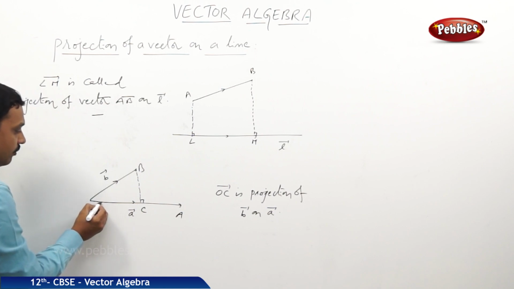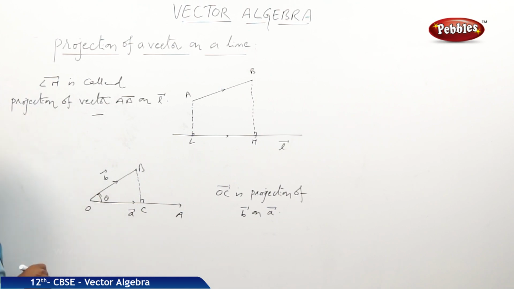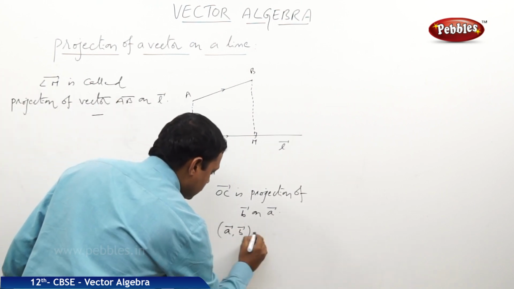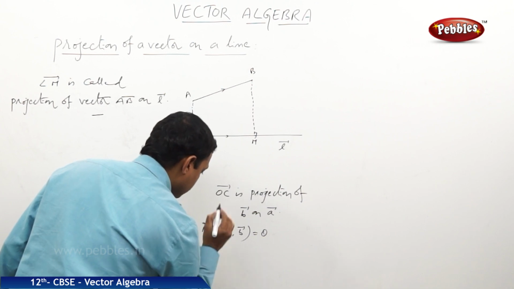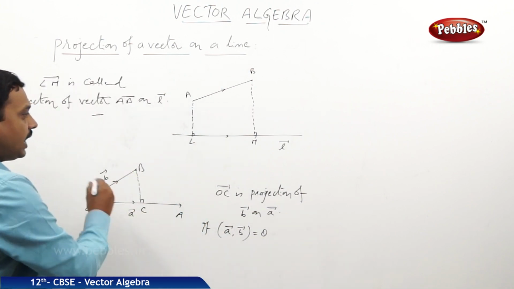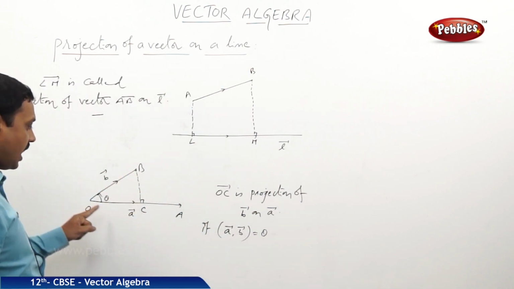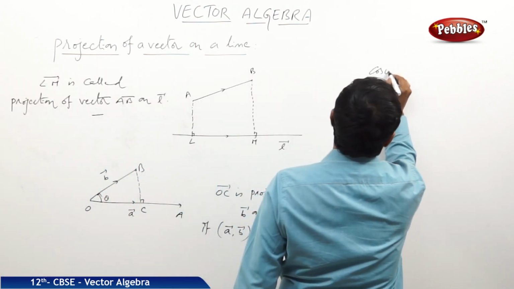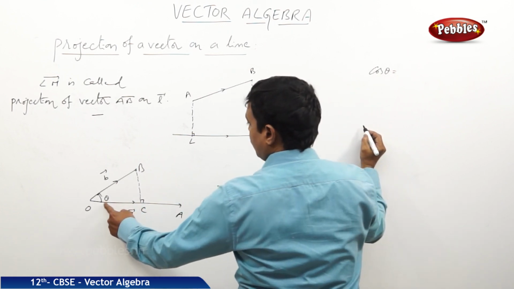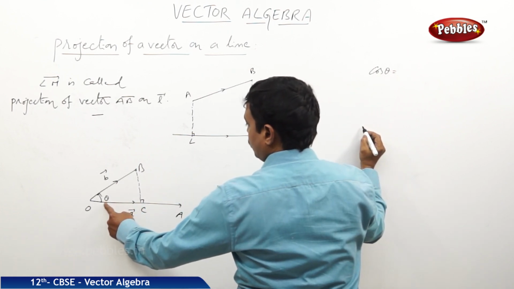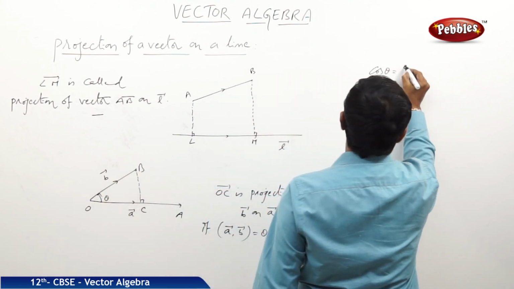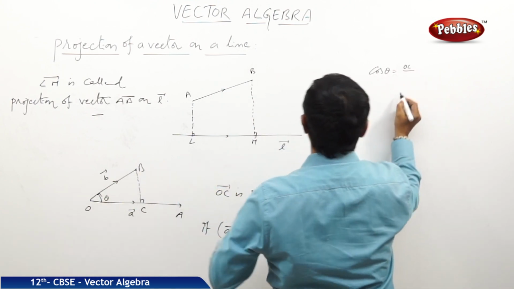Suppose the angle between these two vectors A bar, B bar is theta. Now from this diagram, what is cos theta? Cos theta is equal to adjacent side by hypotenuse. Here adjacent side is OC, hypotenuse is OB.